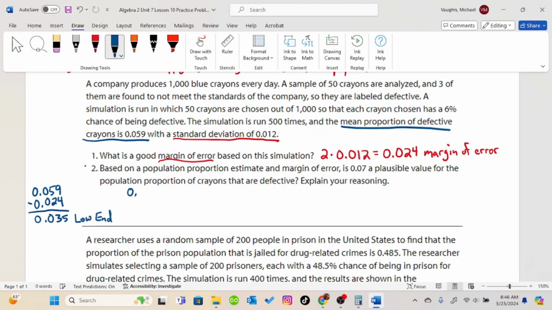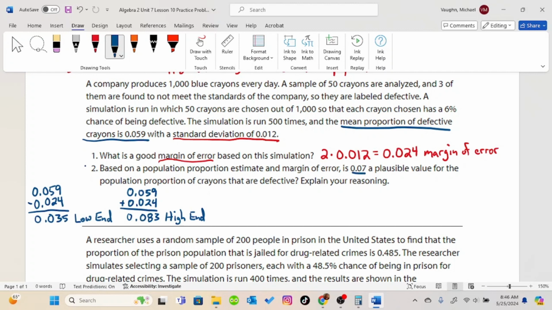Then we need to take 0.059 and add the margin of error. And this equals 0.083. This is the high end.